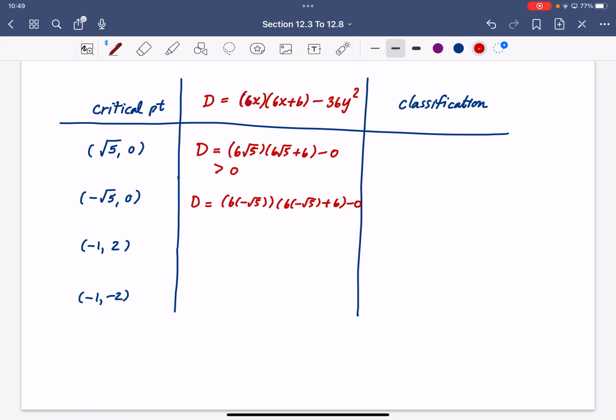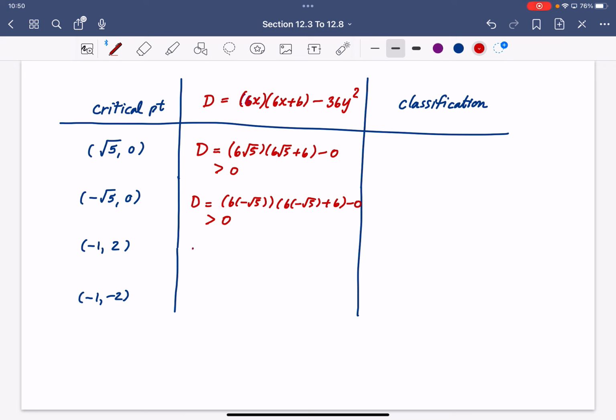Is this going to be bigger than 0 or less than 0? You have to think this way. You can pull out the number 6 if you want to, so you get negative square root 5 plus 1. Would you agree that this is negative, and this is also negative? You multiply them together, so you get positive. You don't have to compute it completely, you just need to know the sign.